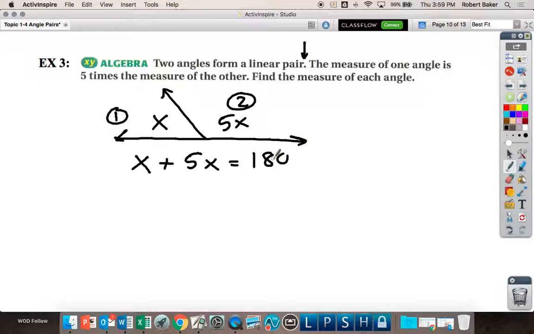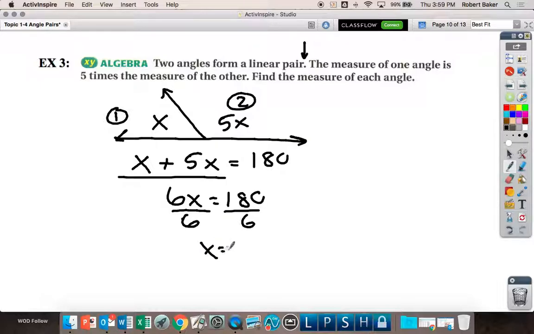The first angle plus the second angle equals the whole thing, and we know the whole thing is 180. So then we combine like terms. Dividing 180 by 6 gets you 30. That's not our answer.